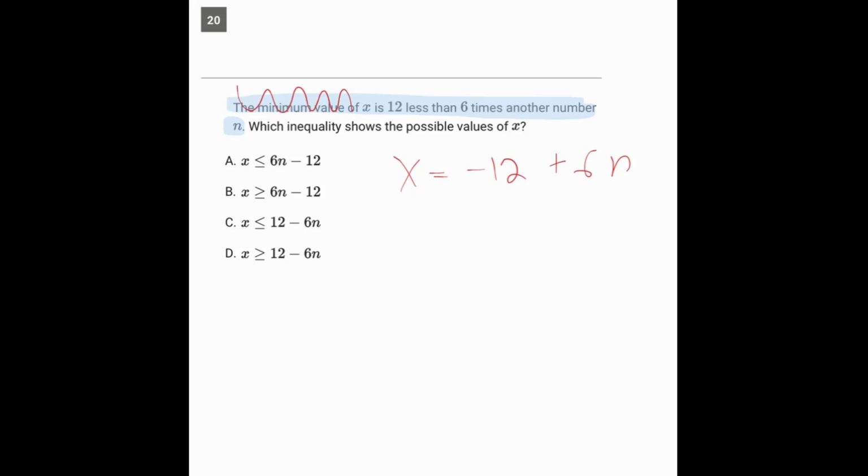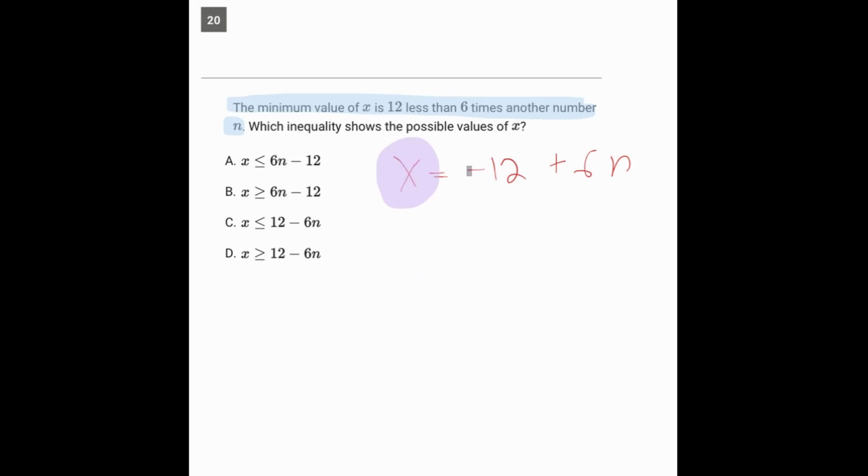So now let's bring back the inequality. This is saying instead of having x being equal to, we're saying the minimum value of x is this. So if this thing is the minimum, that means that we could have this thing or we could have something greater than that thing, because that's what it means to have a minimum. If I say the minimum amount of money I'm going to make tomorrow is a certain amount, it means I could potentially make more.